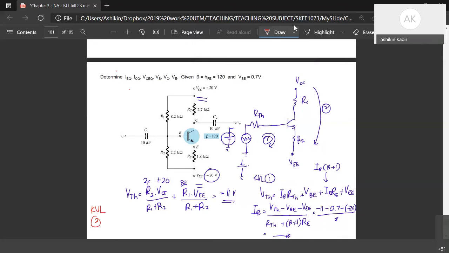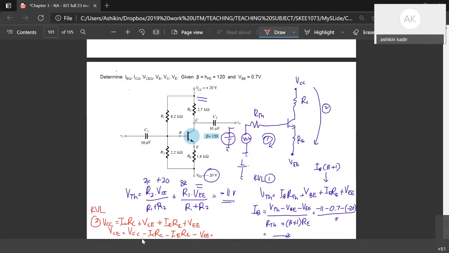KVL2 will be VCC equals to ICRC plus VCE plus IERE plus VEE. Because the question asks you how much is VCE, VCE equals to VCC minus ICRC minus IERE minus VEE.